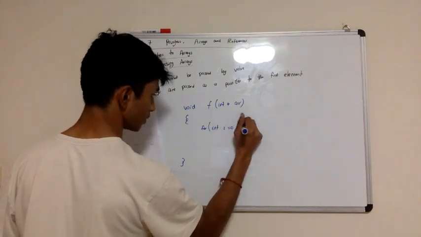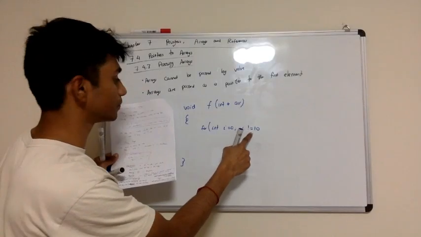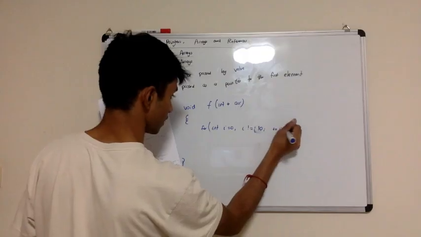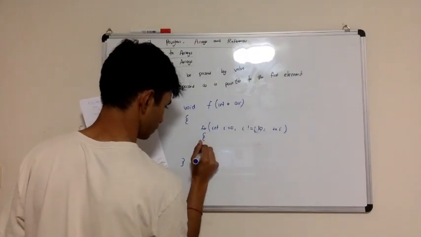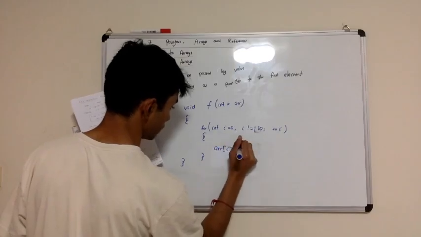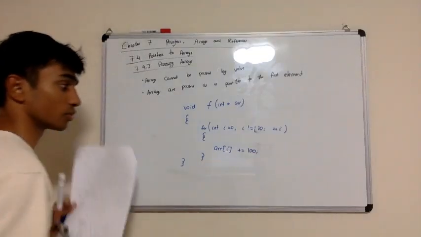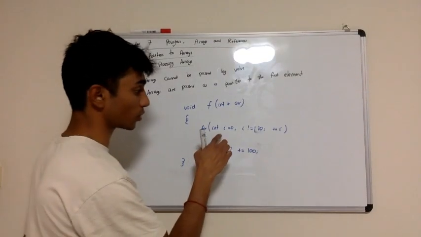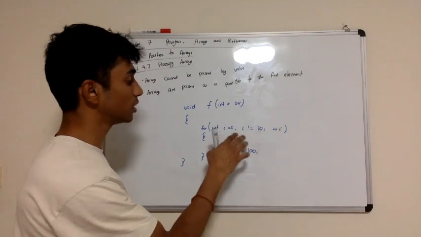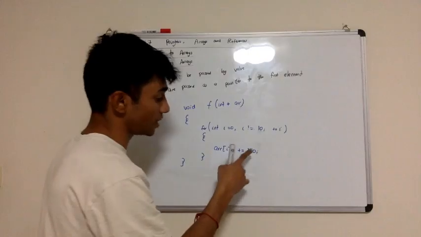I equals 0, I is not equal to 10, plus plus I. Not equal is usually written as exclamation mark and then equal. That's the not equal operator. And what we'll do is we will access the array at the ith index and add on 100. So just to clarify what this is doing, we're going through indexes 0 to 9, because we're not letting I go up to 10. So for I from 0 through to 9 inclusive, we're going to access the element at that index and add 100 to it.